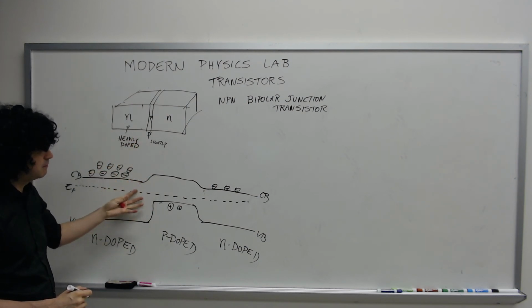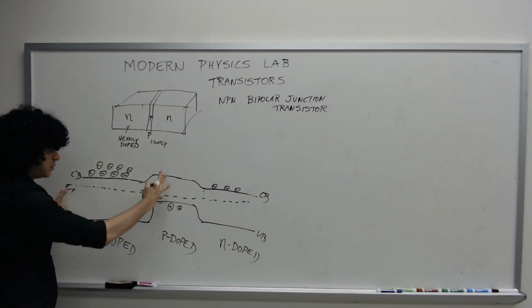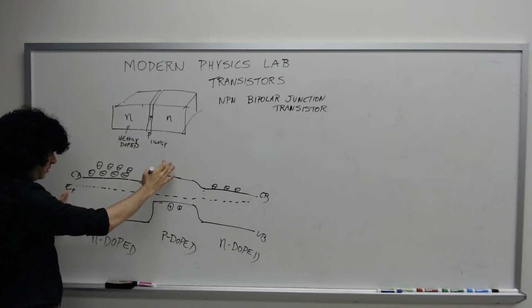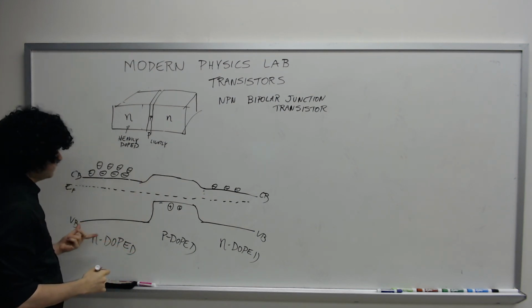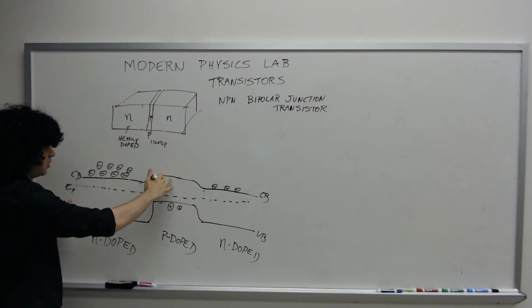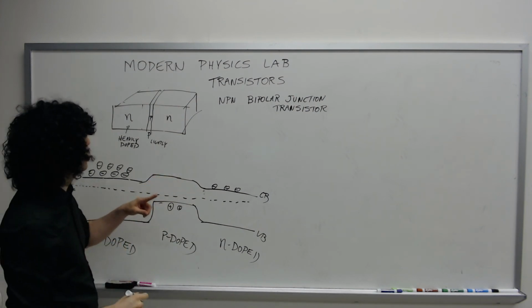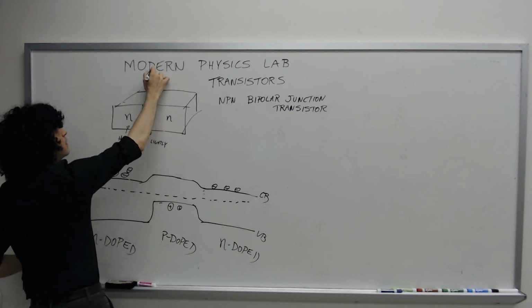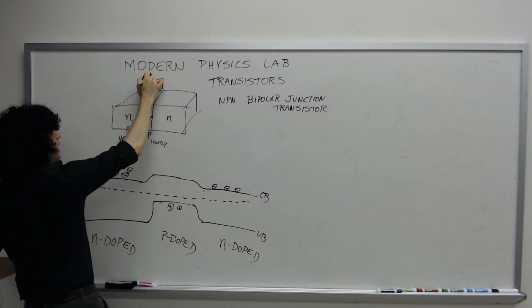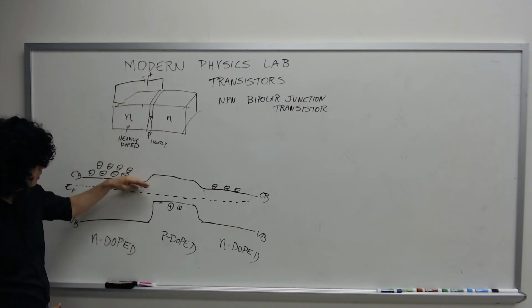This is the band configuration for this device if you don't apply any voltage. Now if you apply a voltage between the P and the N doped sides, you can shift the energy levels. We apply a forward bias, so that we lower this barrier here.